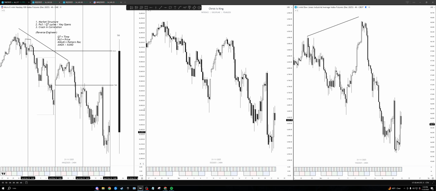This is the significance of power of 3 and quarterly theory put together. If we are expecting that the monthly open price already had a manipulation above it, cracking correlation above it, bearish expectancy, right? We're expecting every intraday move between this entire week is supposed to give us an open, high, low, close.